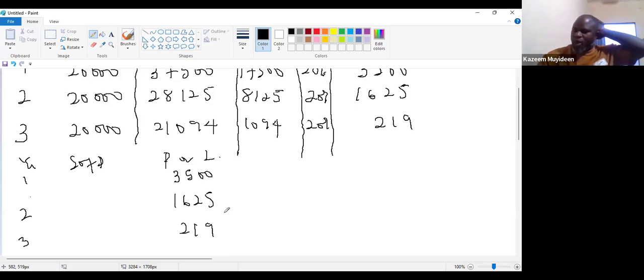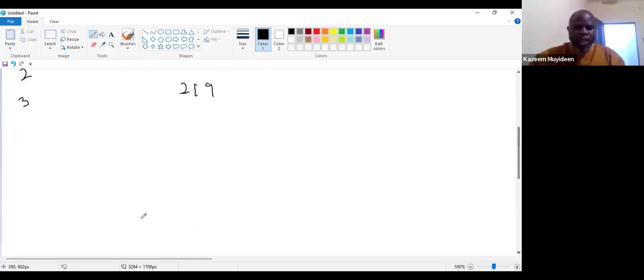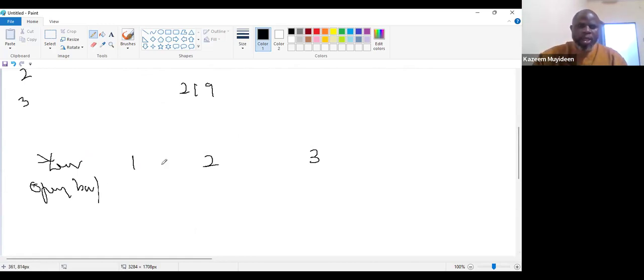How do I get the one for the statement of financial position? Very simple. Just the way I've done in the first one. I will ask, year one, two, three. Opening balance. There's no opening balance.